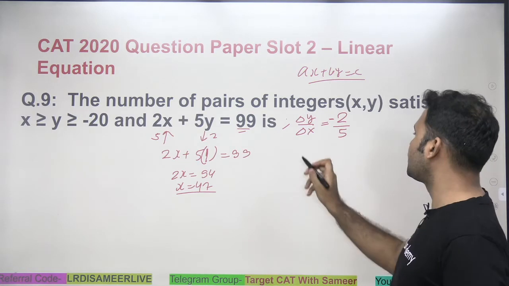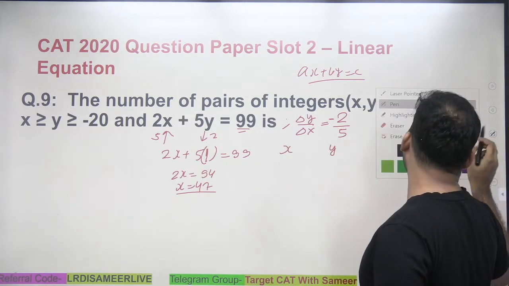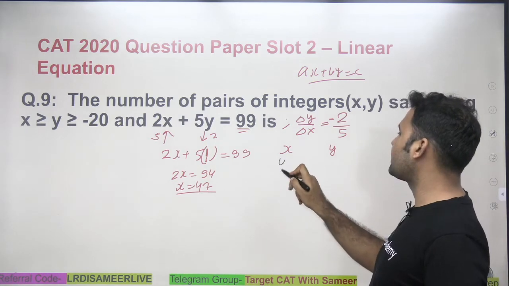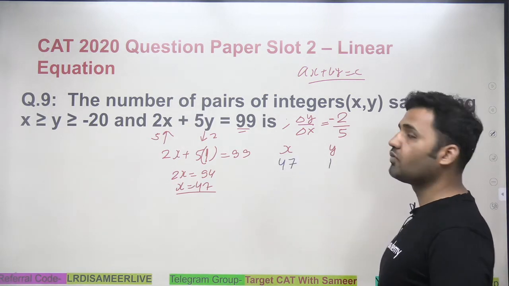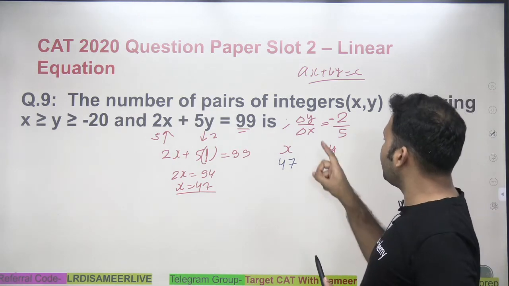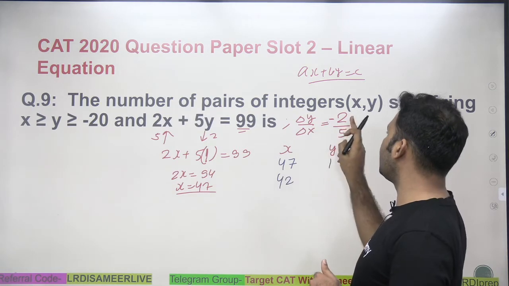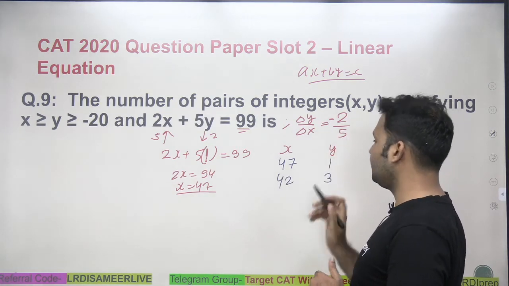The first possible solution, as I can see here, is when you put x as 47 and y as 1. The next possible solution will be obtained by decreasing x by 5 and increasing y by 2, that is 3.